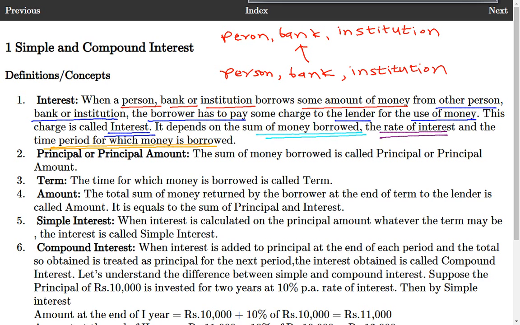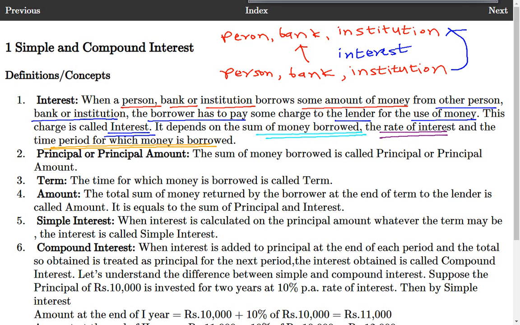Then at the end of the period, the borrower has to pay. Borrower means the one who has taken money. So he has to return money with some extra charge, and that charge is called interest.